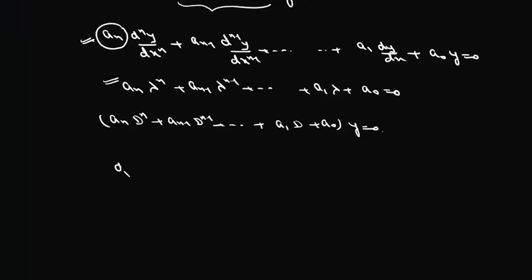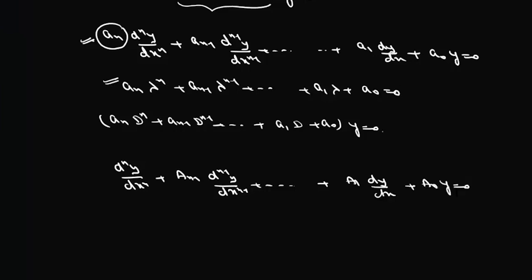So we can write this as dny by dx to the power n plus, now this an minus 1 upon an is some constant, say we call it an minus 1, times dn minus 1 y by dx to the power n minus 1, and so on up to a1 dy by dx plus a naught equals to 0. So it is recommended that you make the coefficient of the highest order derivative as 1.